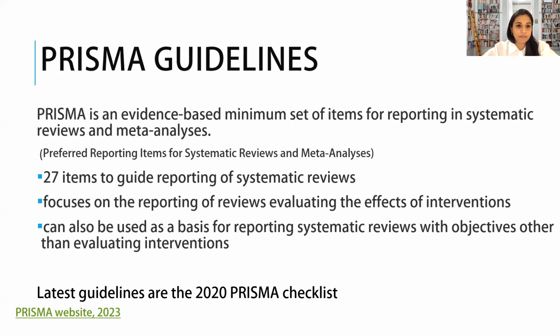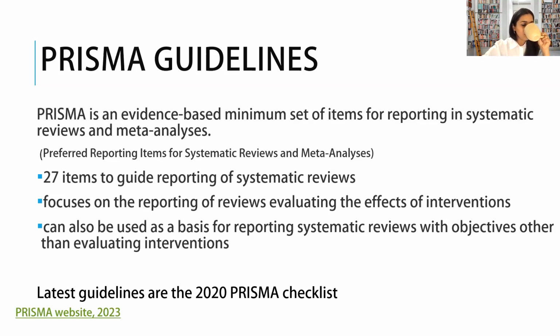PRISMA helps us to focus our review on largely intervention-based studies, because the origin of systematic review is from the health and medical sciences, as we talked about earlier. But increasingly, we are adapting PRISMA to social science studies that are not strictly intervention-based, but that use research questions and research objectives.